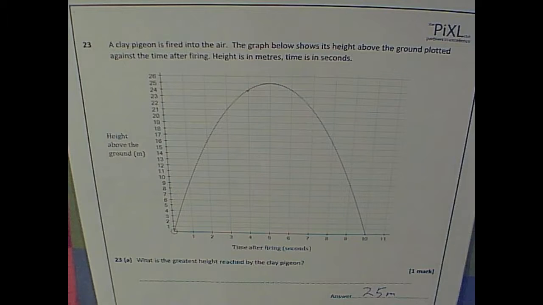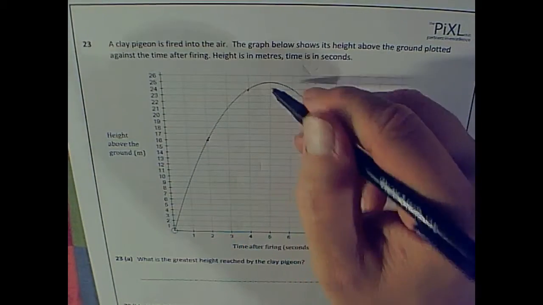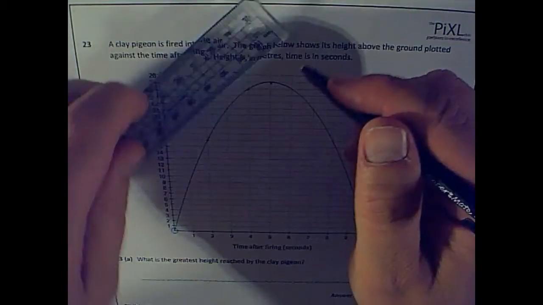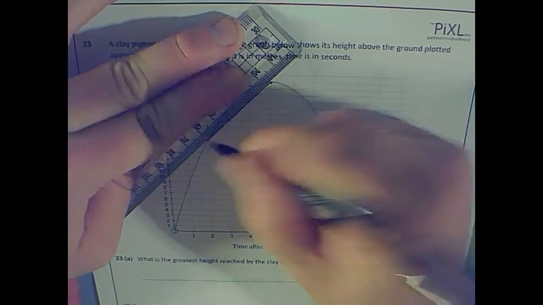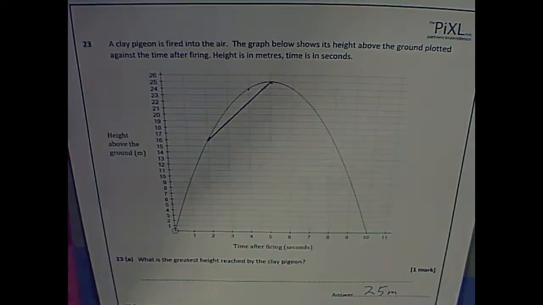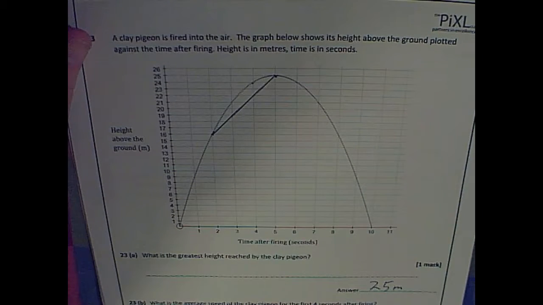t equals 2 is here, and when t equals 5 is here. I'm going to join that up with a straight line. So what is my average rate of change between 2 and 5 seconds?